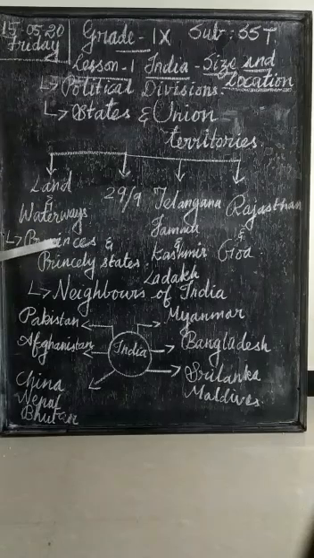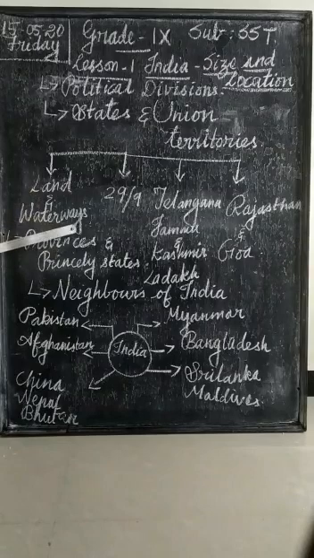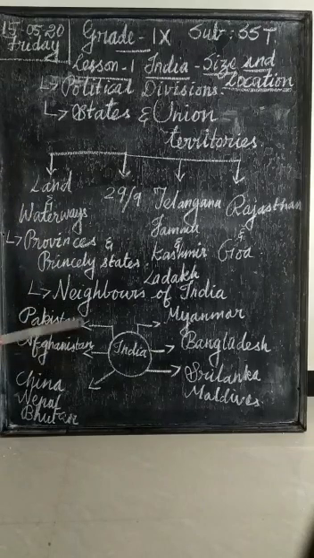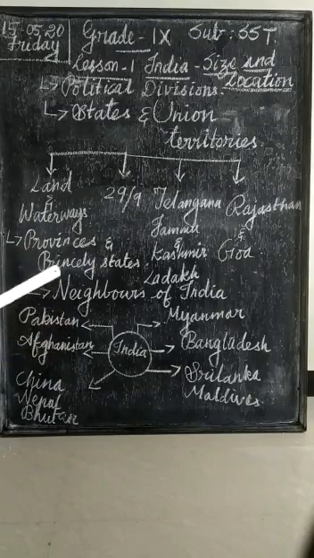India has a land boundary of about 15,200 km. The landmass of India has an area of 3.28 million square kilometer. You know, the southernmost point of the Indian Union is called Indira Point. The standard meridian of India is 82 degree 30 minutes east.